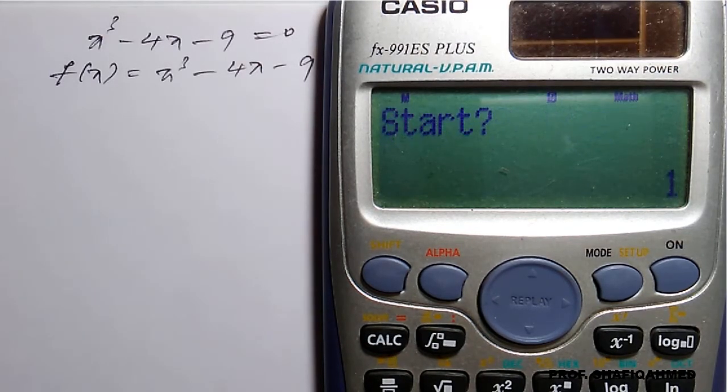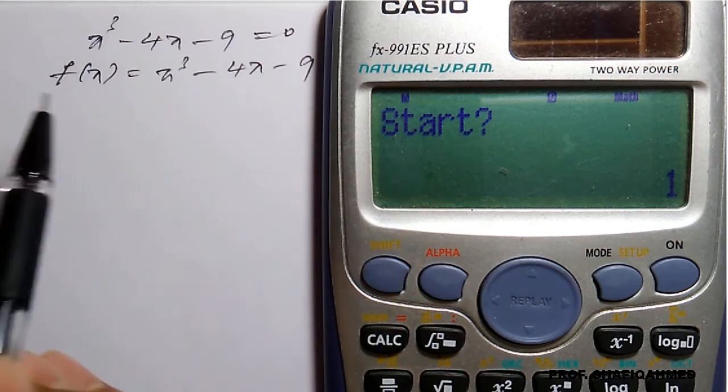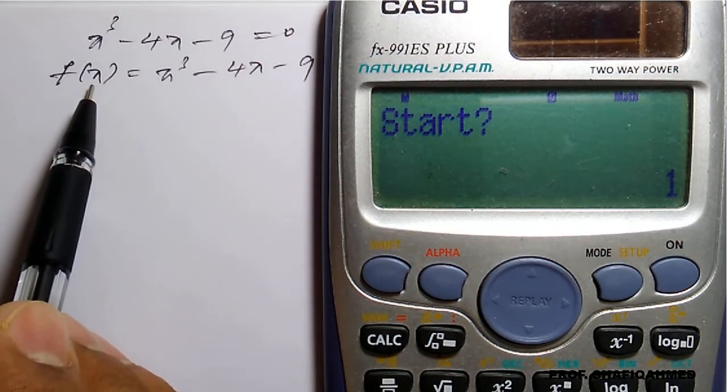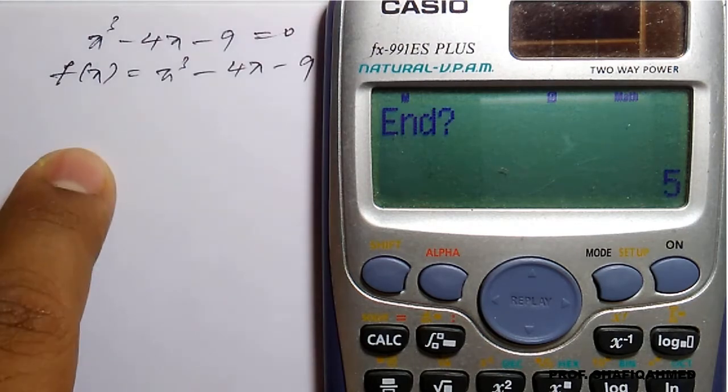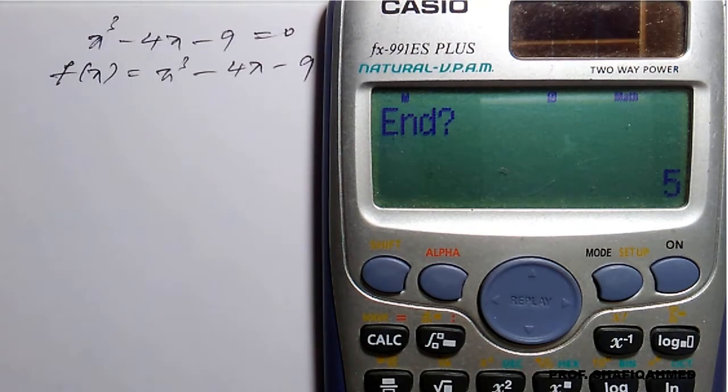It asks for the starting value of x. I want to start with x equal to 0, and end with 5, checking x equal to 0, 1, 2, 3 and so on till 5.